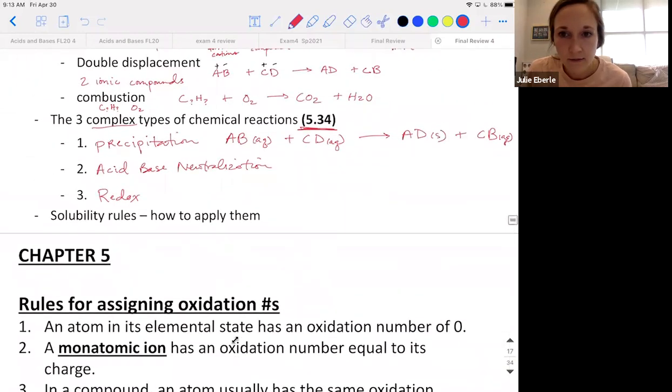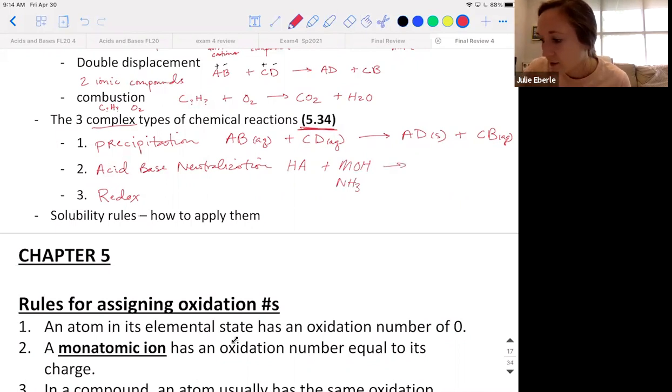Acid-base. These should be super easy for you guys now that we've done chapter 10. You should be able to spot an acid-base reaction, okay? And you're going to have that acid-base chart. So if you're unsure if it's acid or base, look at your reactants and see if you can notice any of the acids from your table. You can always double check that way. So you have some kind of acid, we abbreviate it HA, and then we have some kind of metal hydroxide, okay? Or you could have something like NH3 could be a base, or water sometimes can act like a base.